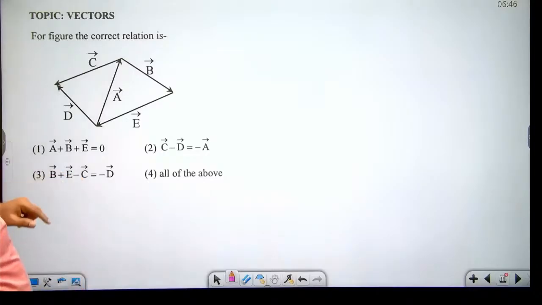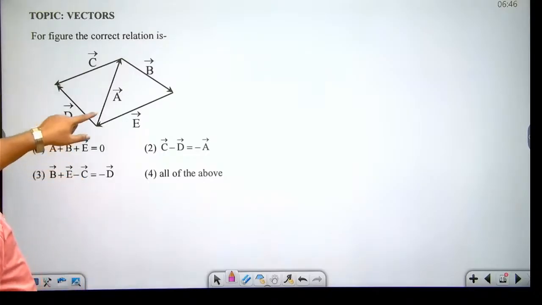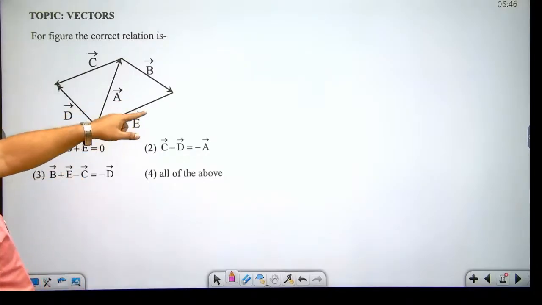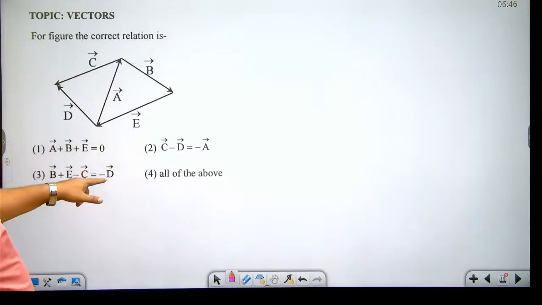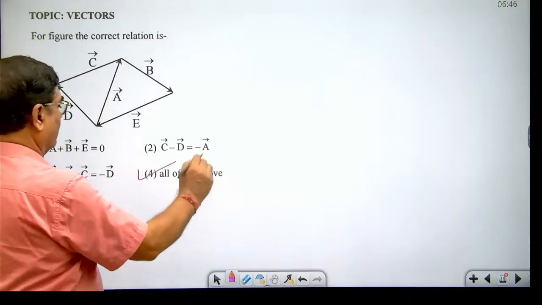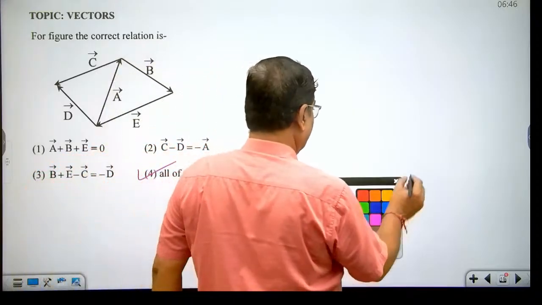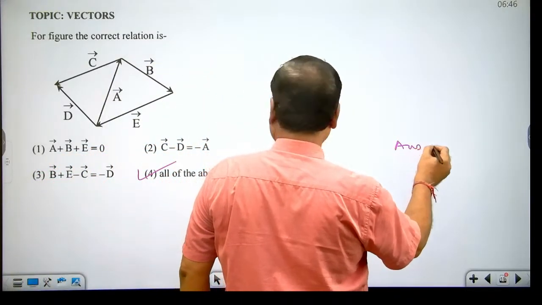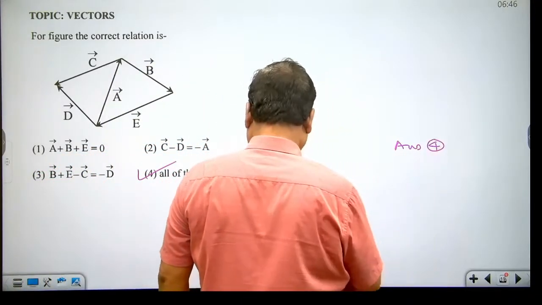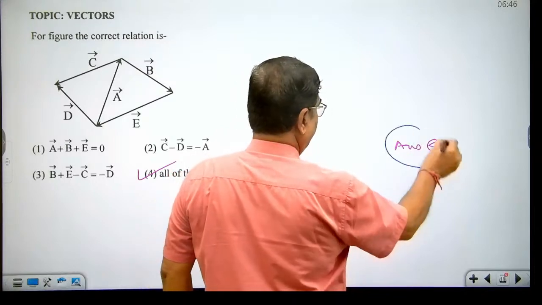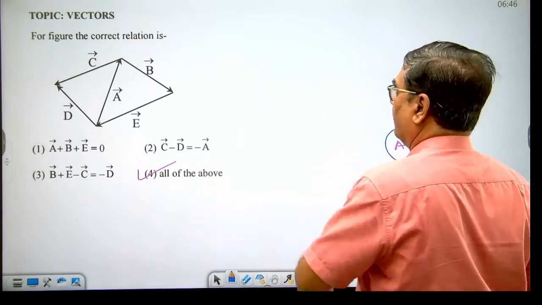B vector plus E vector minus C vector, this is also correct. B vector plus E vector plus D vector, that is equal to, this is also correct. All of the above, so all the options are correct. So out of 4 choices, the correct choice is option 4. We have used the triangle of vector addition.